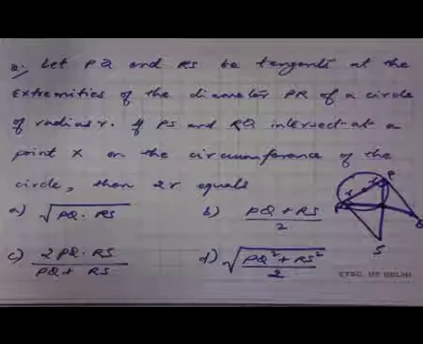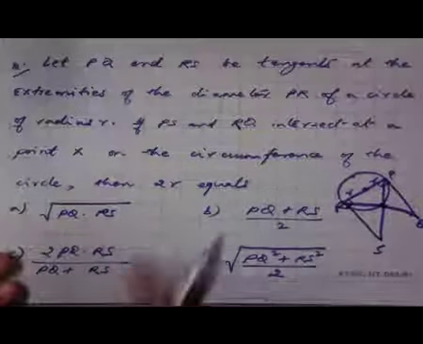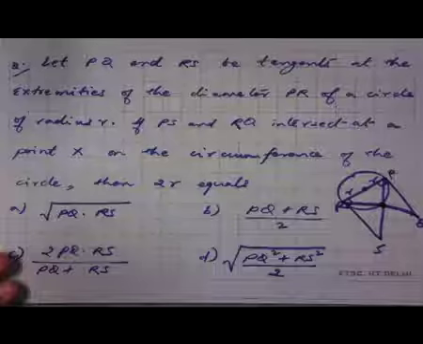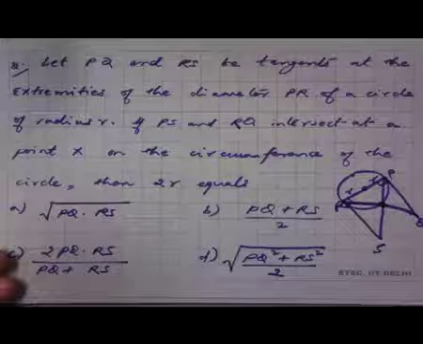If that happens, then what can we say about the diameter 2r of the circle in terms of the lengths PQ and RS, because there has to be a relation.